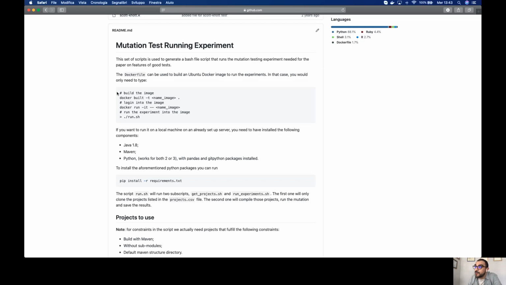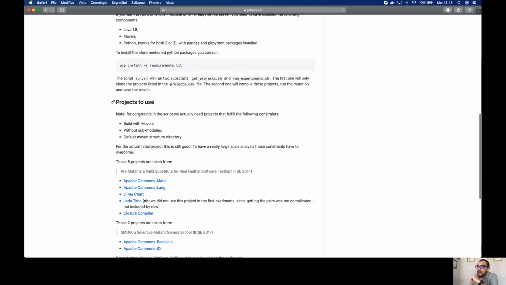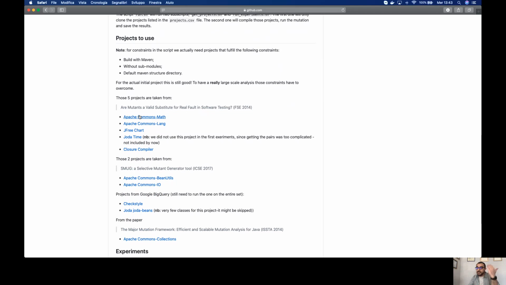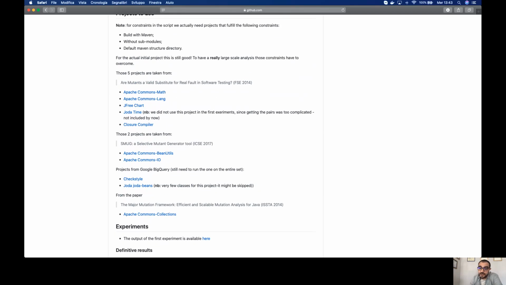Particularly, we provided information about the Docker machine, how to install and run it, what the requirements are, as well as how to replicate this study step by step. And we also provided the output of the various experiments we conducted in the paper.